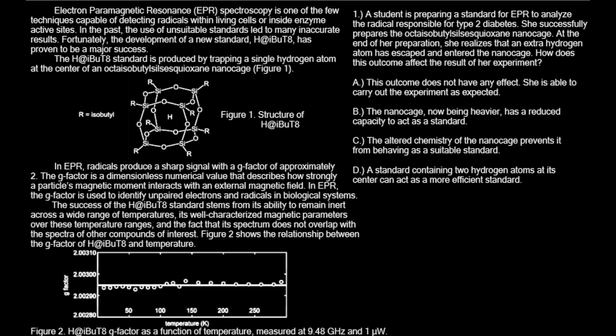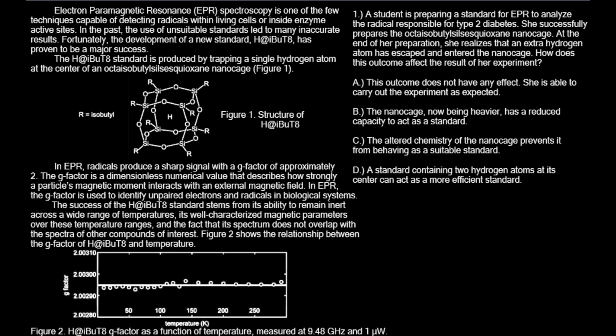Fortunately, the development of a new standard, H@iBuT8, has proven to be a major success. The H@iBuT8 standard is produced by trapping a single hydrogen atom at the center of an octaisobutyl nanocage. Figure 1.